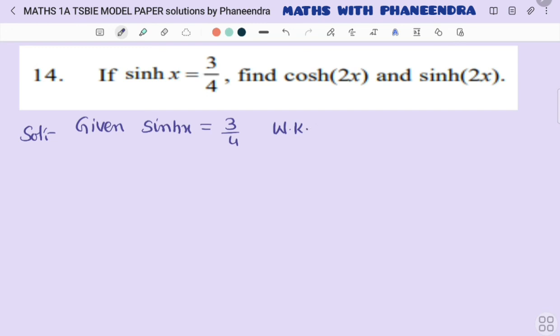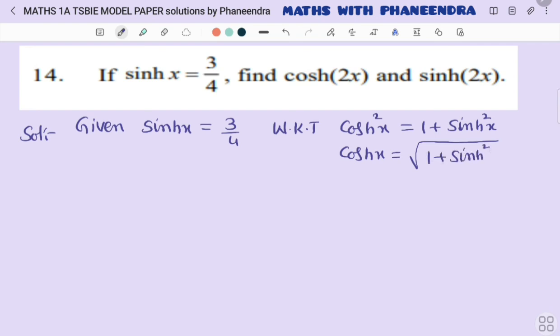We know that cosh square x is equal to 1 plus sinh square x. So, from this cosh x is equal to the square root of 1 plus sinh square x.